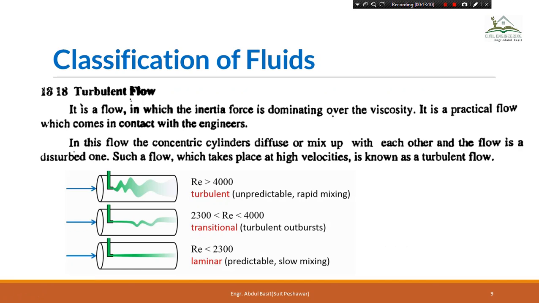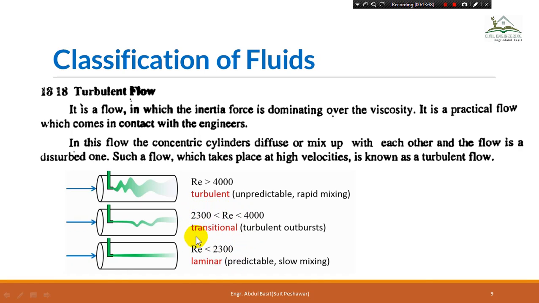Okay, in other words, there is a term called the Reynolds number, which can differentiate the turbulent and laminar flow, with the help of this mathematical number. This number actually shows us whether the fluid is flowing in a turbulent manner or in a laminar manner, or is in the transition zone.